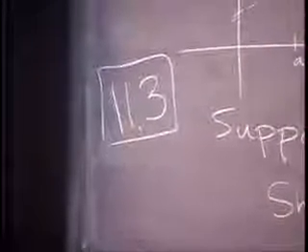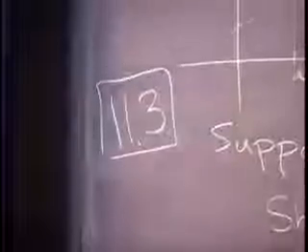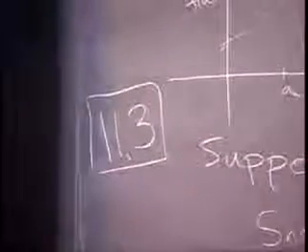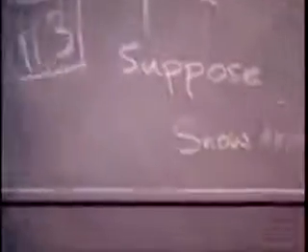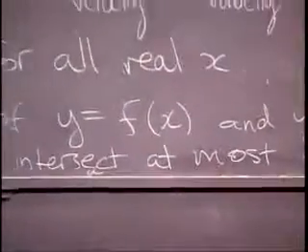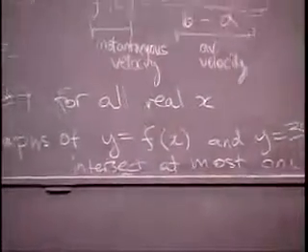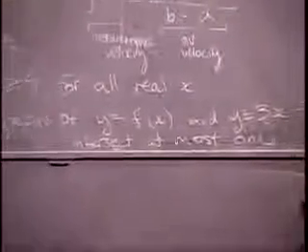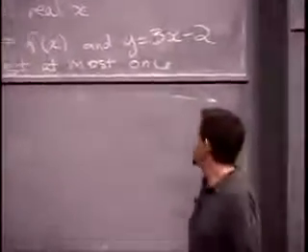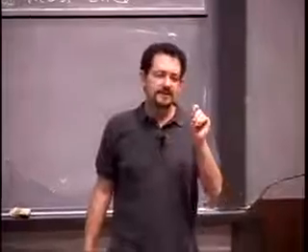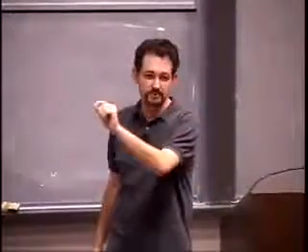All right. So it certainly seems similar to the previous problem. I'd like to just give you the physical interpretation of it first. This 3x minus 2. Think of a car. If x is actually time, so 3t minus 2, and y is your position, then at time 0, this car starts at position minus 2.